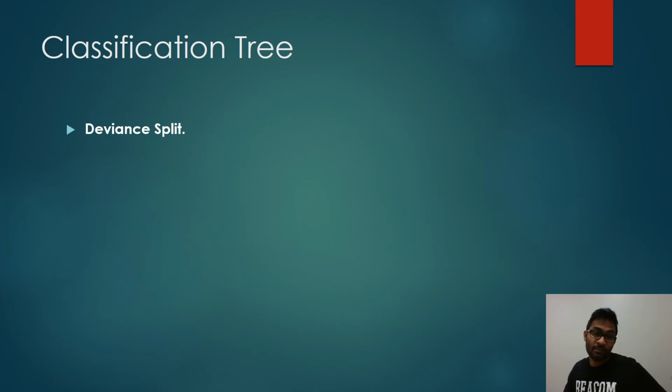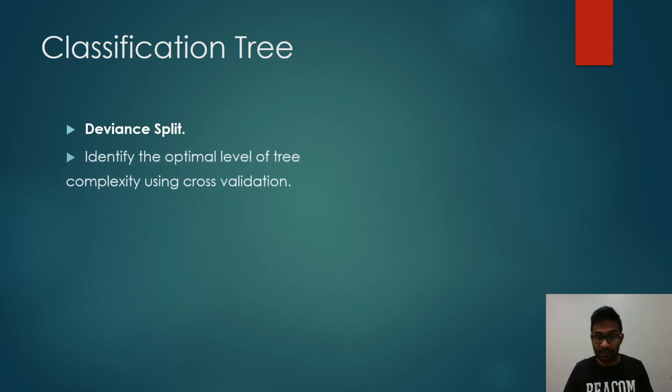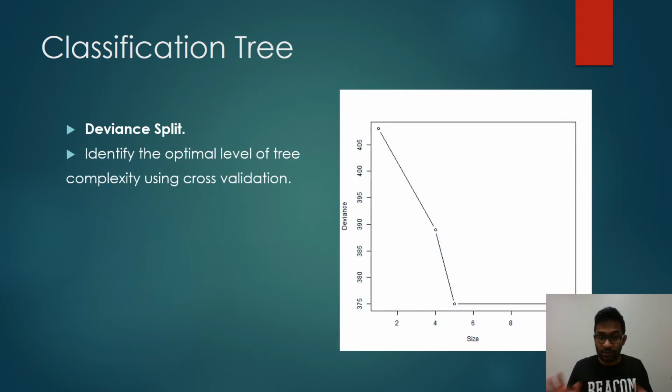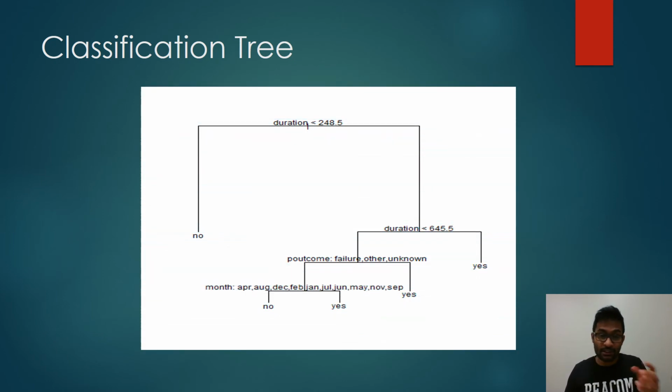We perform a cross validation in order to identify the optimal level of tree complexity. You can see here the tree with 5 terminal nodes has the least cross validation error. So this is the tree with the least cross validation error.